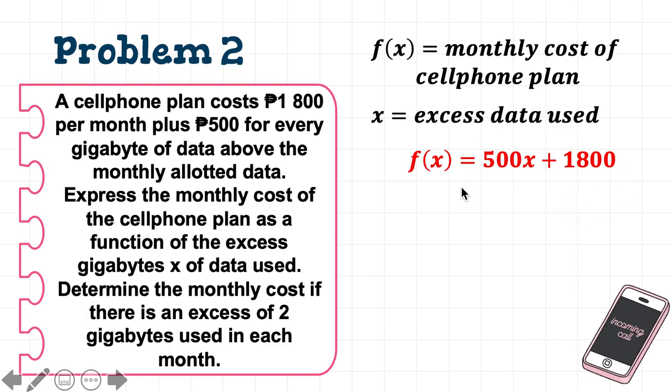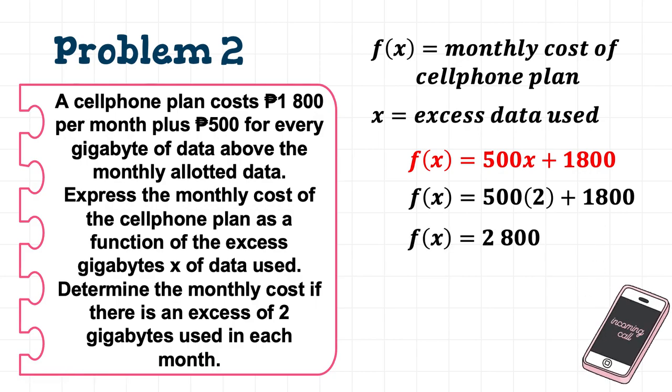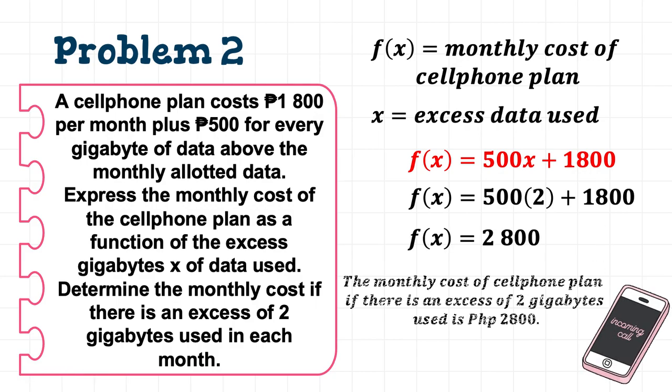So this will be our linear function. And to get the monthly cost if there will be an excess of 2 gigabytes used in each month, we just need to change x and make it 2. So 500 times 2 plus 1,800 will give us 2,800. So therefore, the monthly cost of the cell phone plan, if there is an excess of 2 gigabytes used, is 2,800.